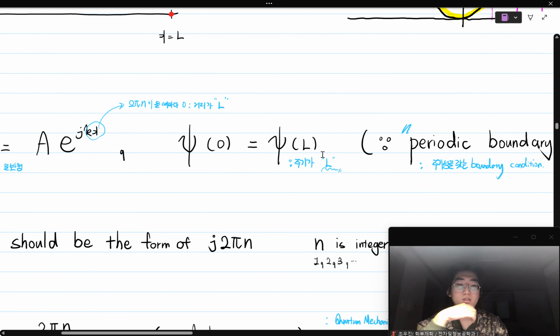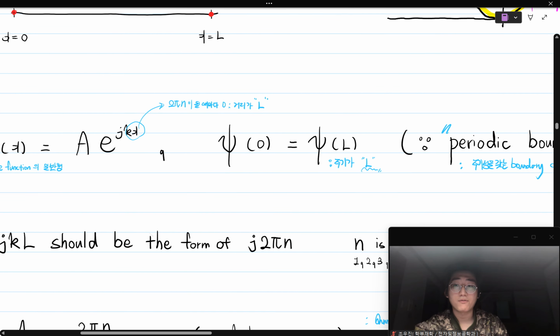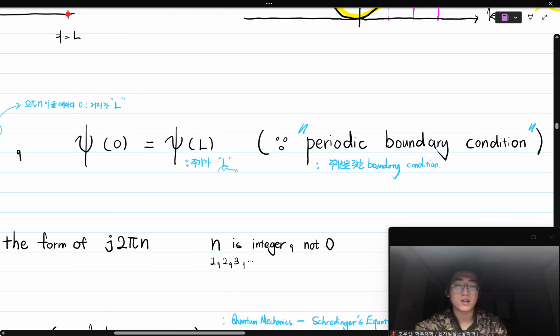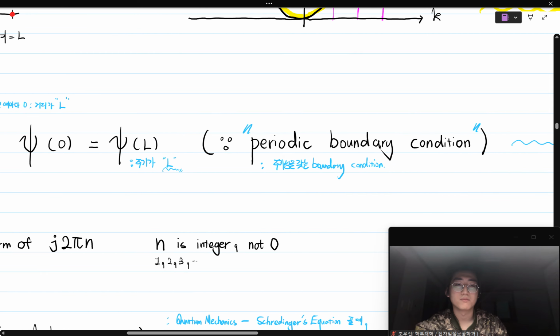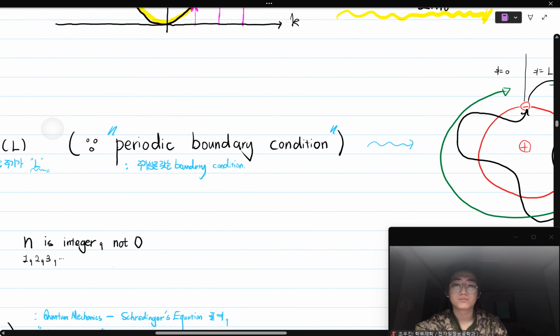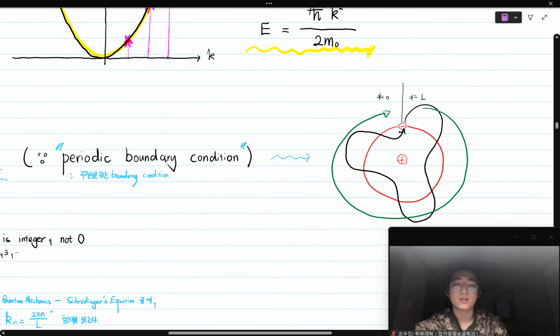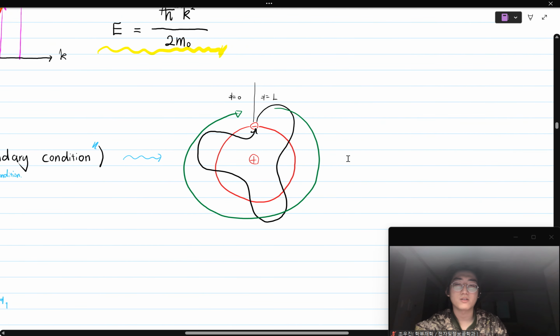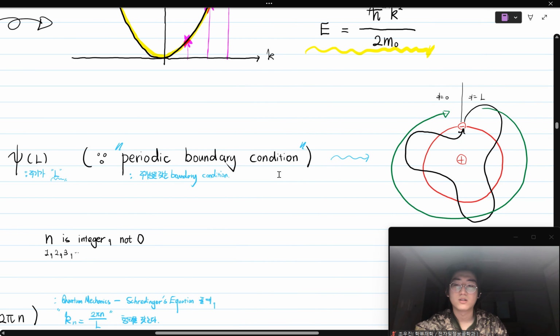And we let the period of the wave be L. Then the wave function at zero and the wave function at L are the same, like a periodic boundary condition, which can easily be seen from this image.